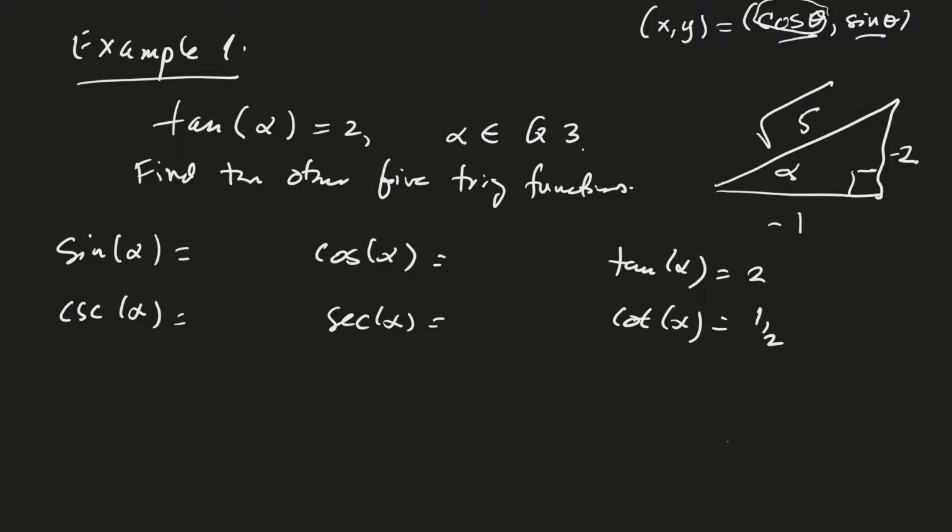And now we fill out the other ones. The sine is going to be -2/5, or 2 over the square root of 5. Cosine is -1 over the square root of 5. And then these are just the reciprocal. Good. That's all there is to it. Easy. Easy and fun. Let's try another example.